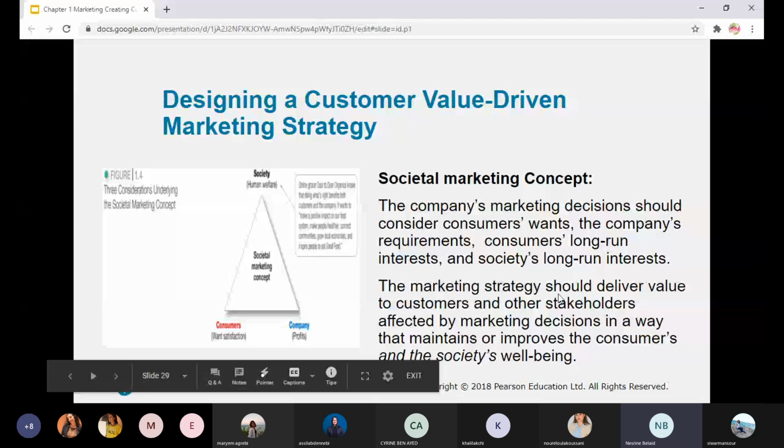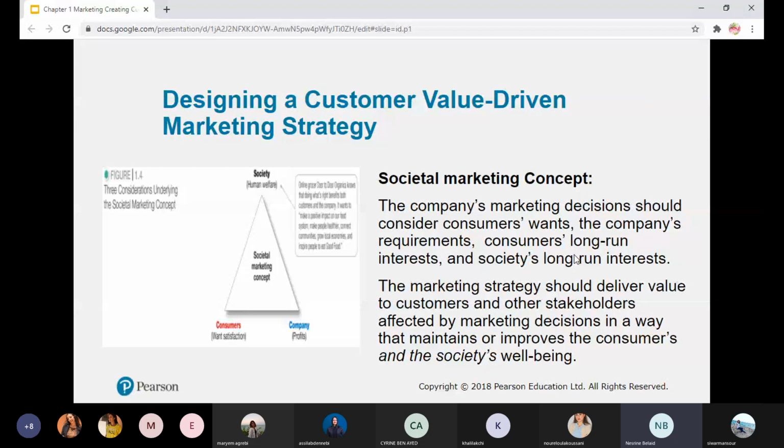So there are a lot of examples here. For example, when you go to buy some clothes from Zara, you can find a ticket saying that the fabric of this product was produced in good conditions.